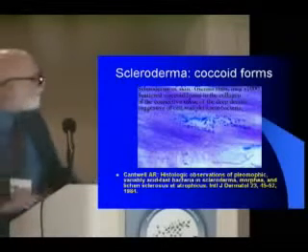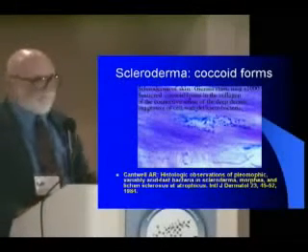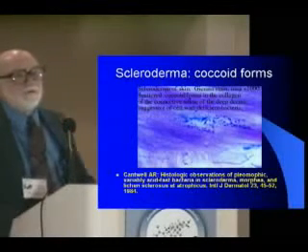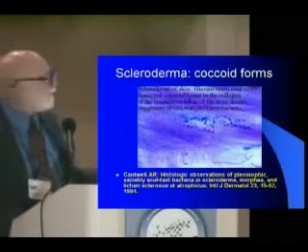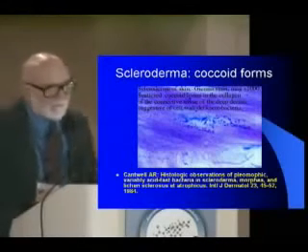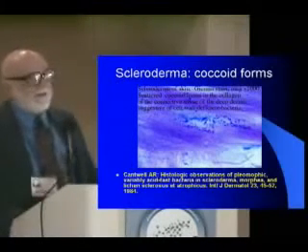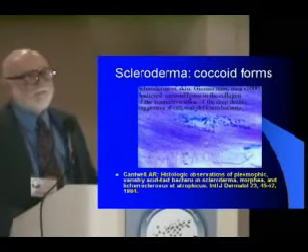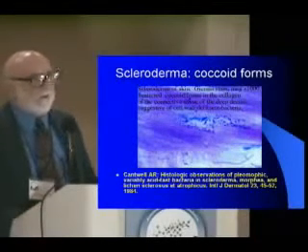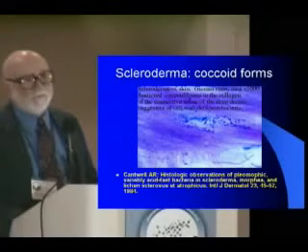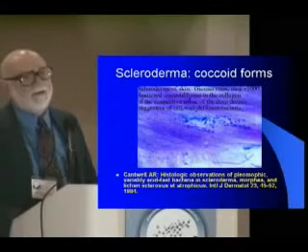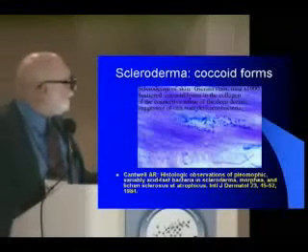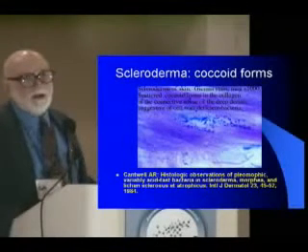So anyway, in scleroderma, you have acid-fast bacteria, like I showed you, which are very, very rare. If you see acid-fast bacteria in scleroderma tissue, it's like finding a four-leaf clover. I have looked for hours and hours and hours to find and to demonstrate acid-fast bacteria in scleroderma. But this is the common form.